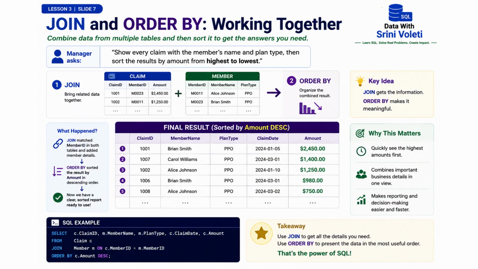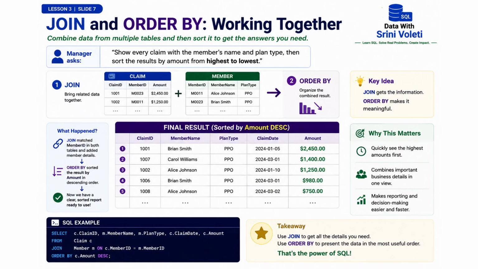Notice that order by does not care whether a column originally came from the claim table or the member table. After the tables are joined, SQL treats that combined result as one complete data set and can sort by any column in that result.